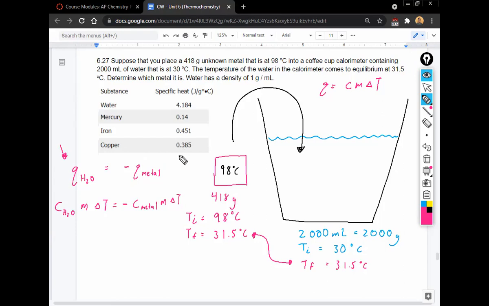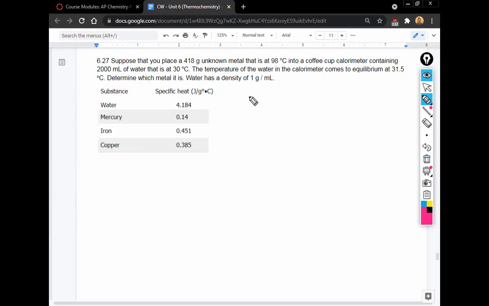Does anyone still need this picture, or does the concept make sense? Okay, just so I have a little bit more room. Again, just to reiterate, the heat that the water absorbs is equal to the opposite of the heat that the metal releases.